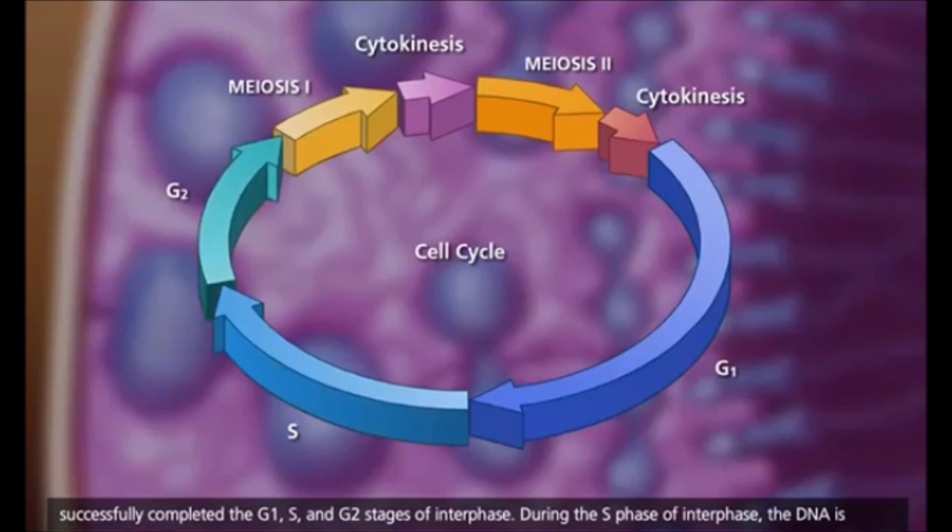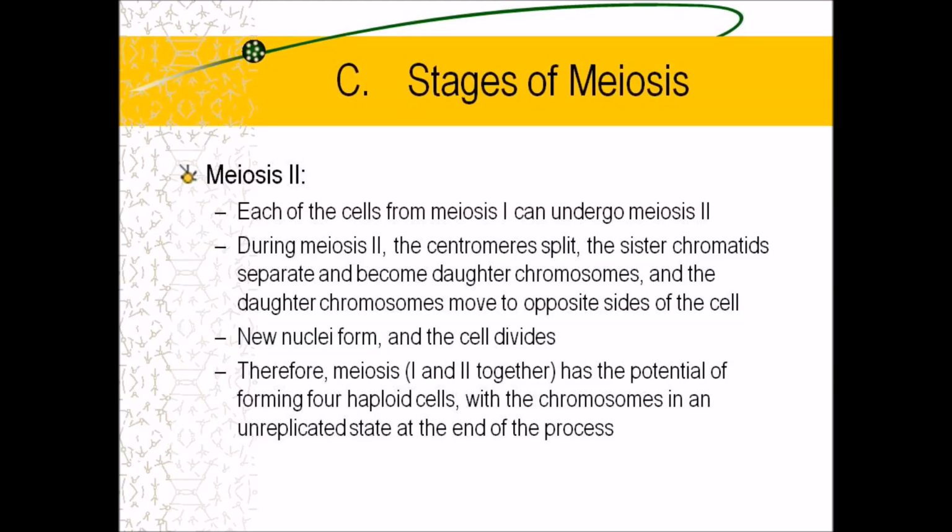After that, meiosis 2, then cytokinesis again. That means for one complete cell cycle for meiosis, they will have 2 times of cytokinesis, then 1 interphase, then meiosis 1 and meiosis 2. It's something that you have to know, the whole cell cycle for meiosis.